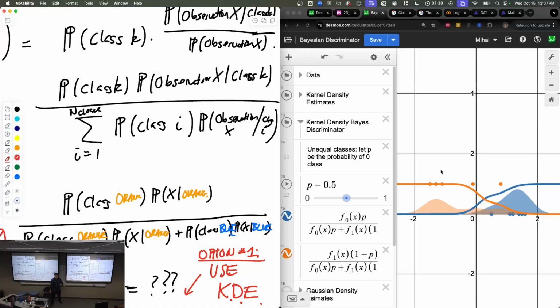Any questions or comments about how this thing works? Okay. I will tell you, why don't people do this? How come we don't just stop the class here? This method is great for one-dimensional data, but just like we saw earlier in the course, it does not scale well into high-dimensional data. And the reason is, when you have high-dimensional points, you're unlikely to have lots of points that are close together, right?